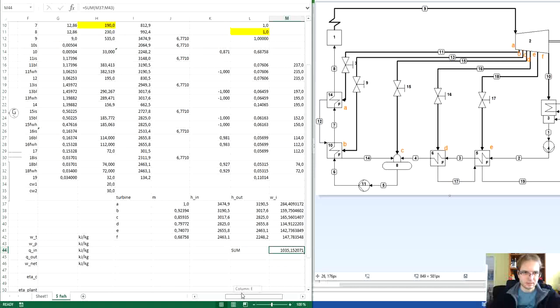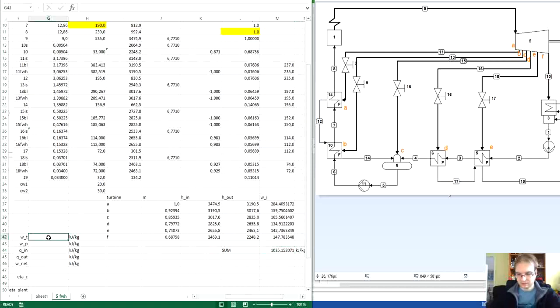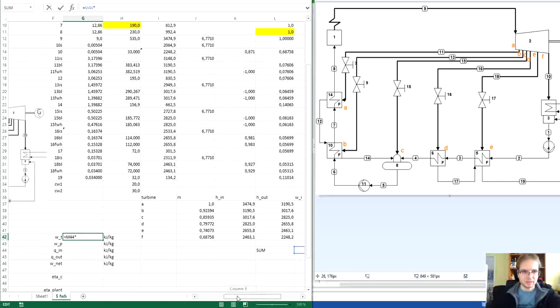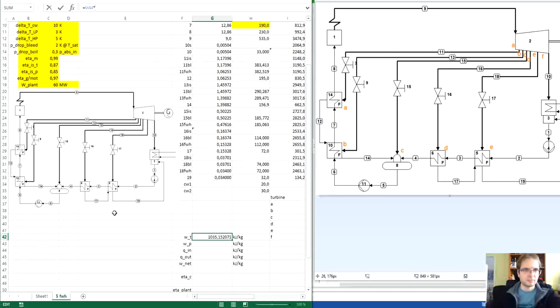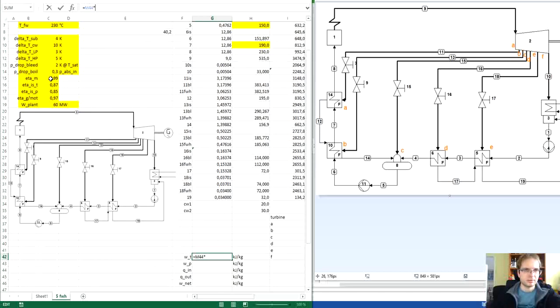So this is the turbine power output. But this is the thermodynamic power, so we need to multiply this by efficiencies of mechanical efficiency and generator efficiency.